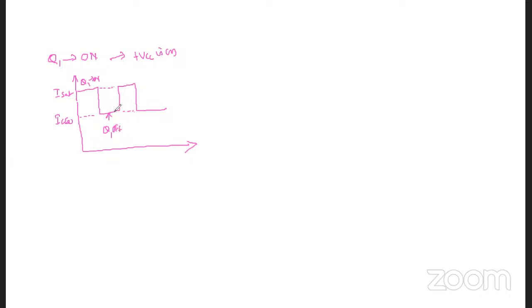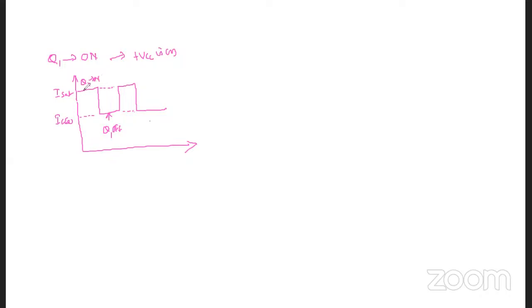So we have taken a square wave here, which is generated by the astable multivibrator. Once we have drawn this square wave, it is helpful for finding the value of switching time and frequency.